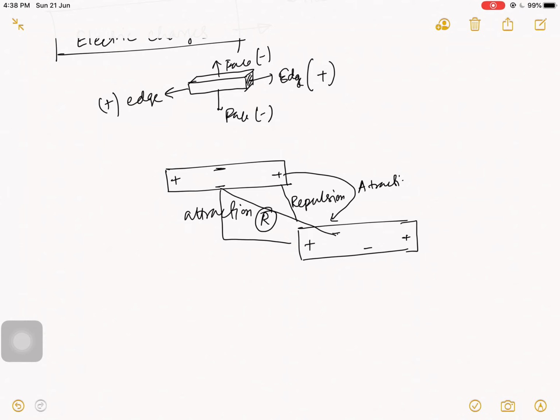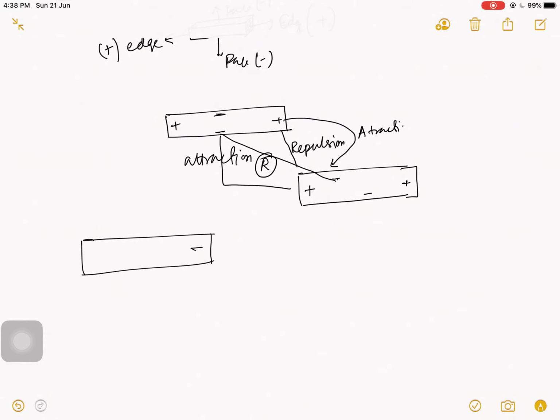Simple. Due to repulsion, no flocculent particle connects here. As negative charge belongs on the face, the positive part of a flocculent particle connects either here or here. This is how flocculent particles make their own flocks.